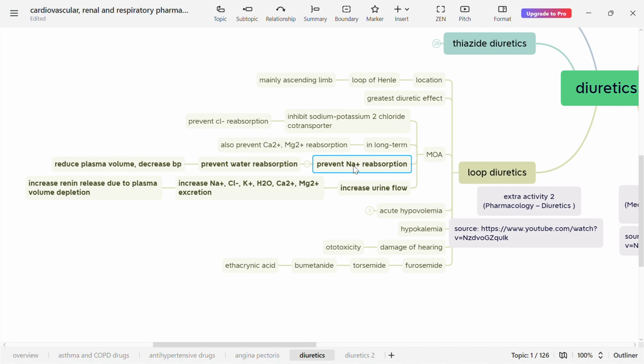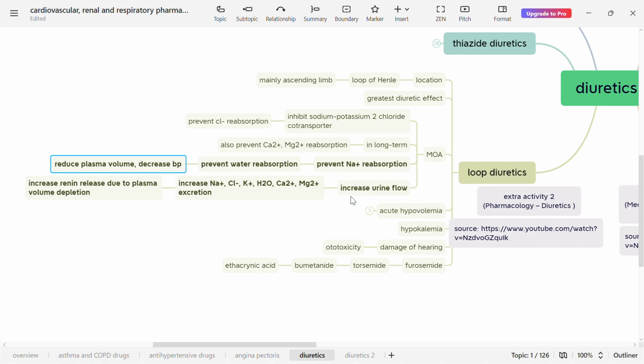By preventing sodium reabsorption, it will alter the concentrations and cause the prevention of water reabsorption, which means that the sodium ion and also the water will be removed more from our body. This will reduce the plasma volume and also decrease the blood pressure.